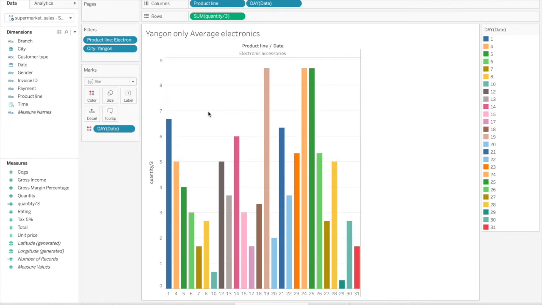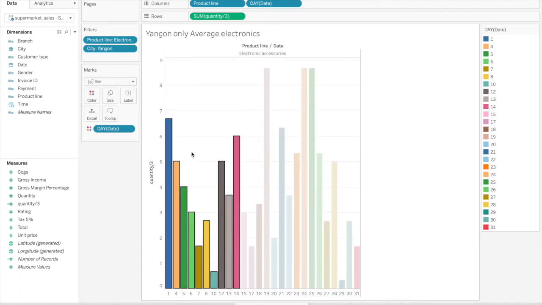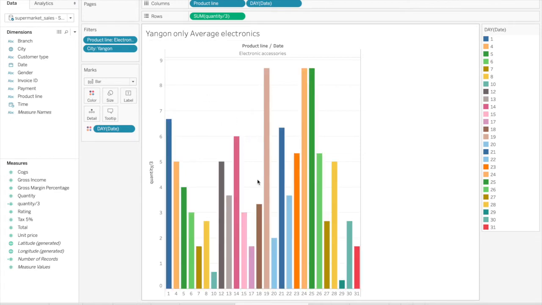Let's say they want to order electronics every 2 weeks. What they would do is add the first 14 days together, and that would give them a rough idea of how many electronics they need to order. It helps them out.